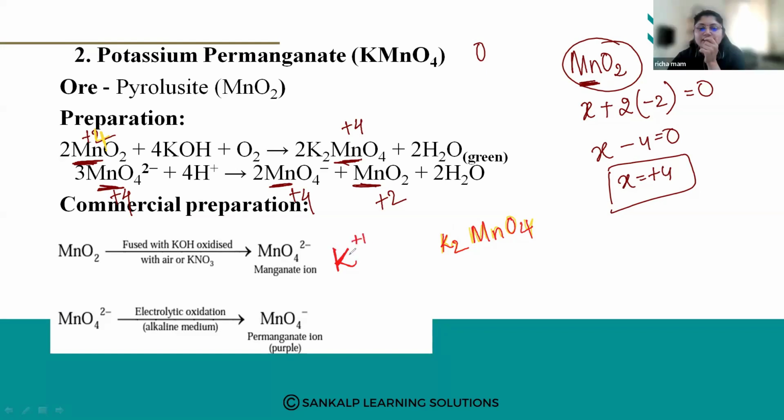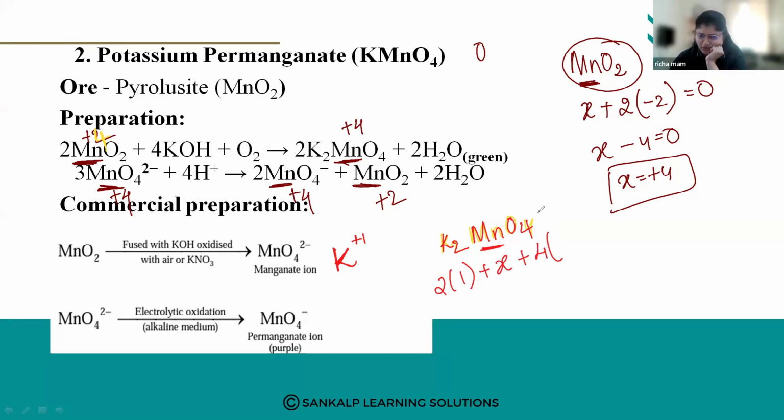Potassium comes under alkali metals, and the common oxidation state shown by potassium is +1. How many potassiums are there? 2. So we write 2 into +1. We are finding Mn, so we keep it as X. How many oxygens are there? 4.